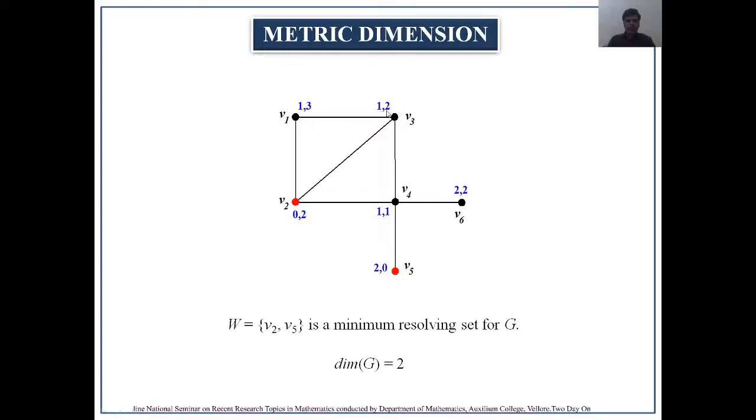Now if you choose any two vertices, suppose I am choosing v3 and v4. In the first coordinate they are the same, but they differ in the second coordinate. Similarly, v4 and v6, the first coordinate is different, and the second coordinate is also different. In one place if it differs, it is enough for us.